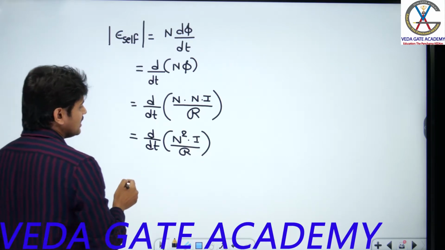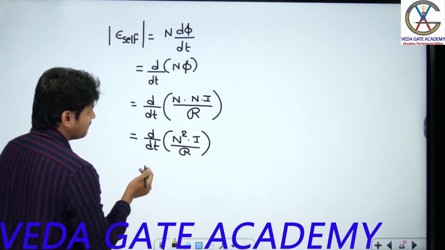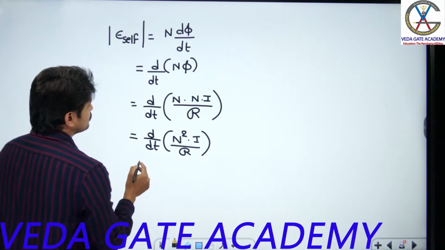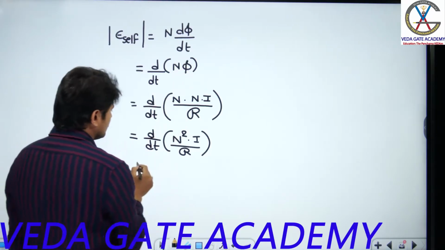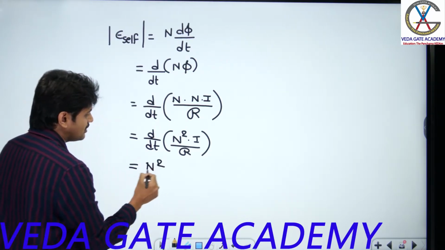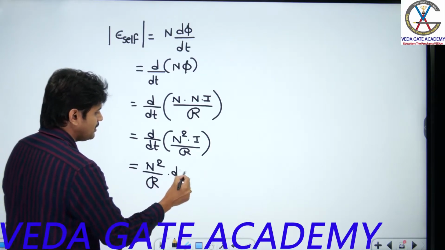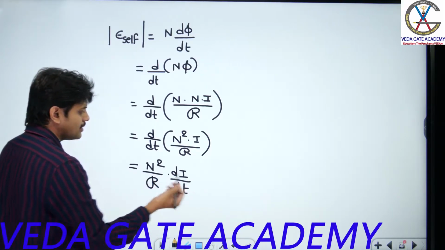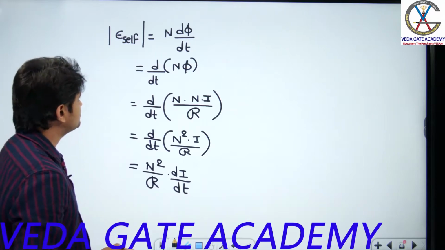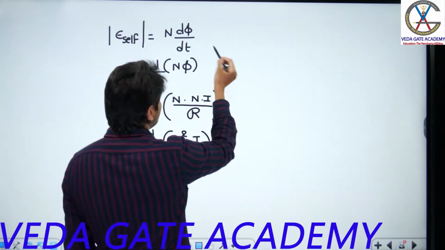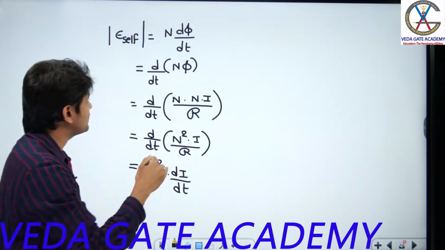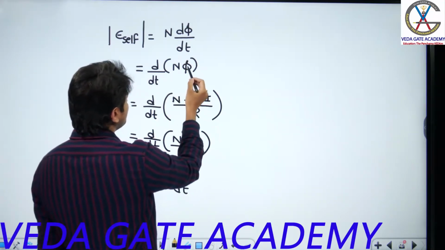So I can write this as N square by reluctance into di by dt. Now let me modify the expression N d phi by dt. This is d by dt of N phi.